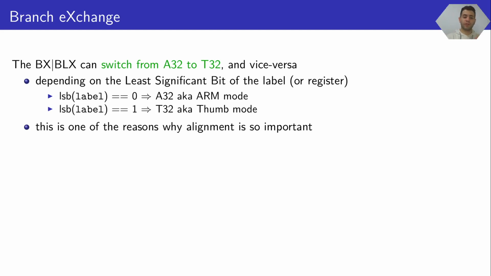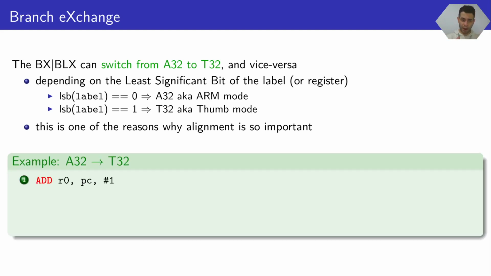And this is one of the reasons why alignment is so important. It depends on the fact that you can't branch to an address that is odd. I will explain this in 1 second. When you want to switch, for example, from ARM to Thumb, what you can do is take the program counter, add 1, so we are setting the LSB to 1, and then move the result to R0.